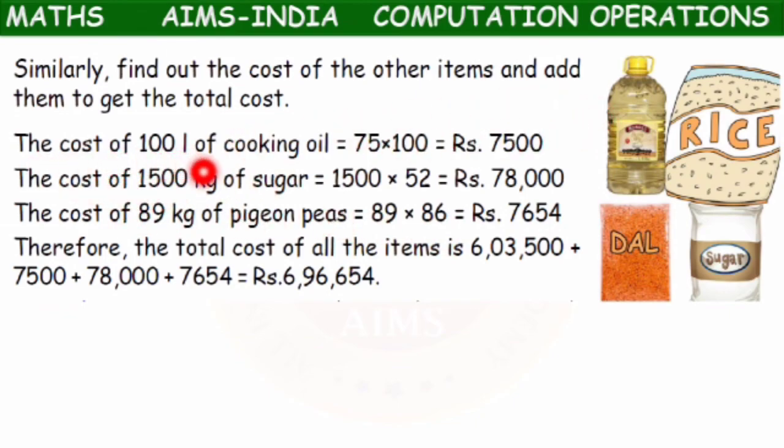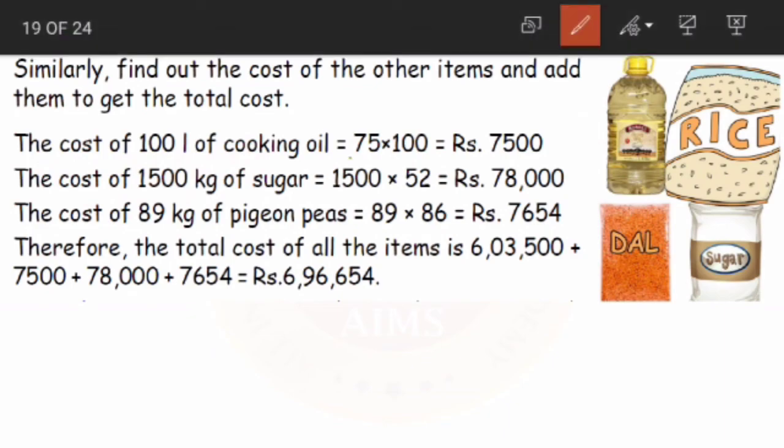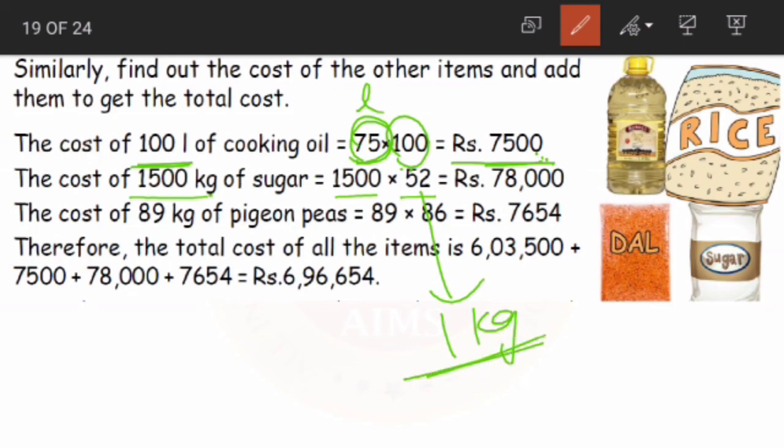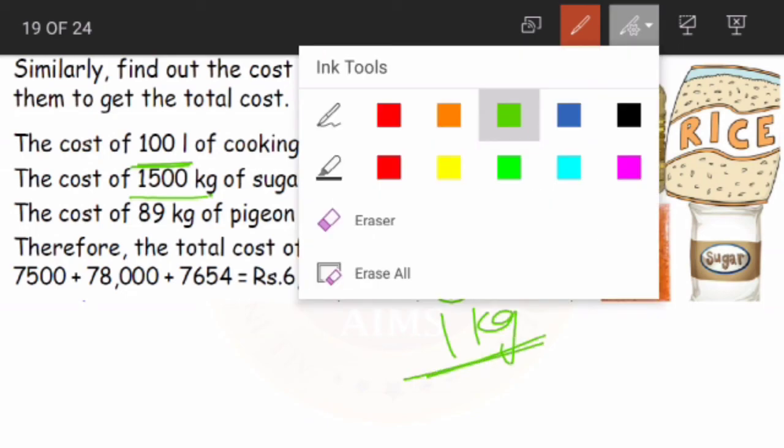Now in the same way, we need to find out the cost of other items. The cost of 100 liters of cooking oil. Yes, for 1 liter it was 75 rupees. So for 100 liters it becomes 75 into 100, that is nothing but 7,500. Yes children, in the same way 1500 kilograms of sugar. So 1500 into 52. This 52 is the price of 1 kilo of sugar.